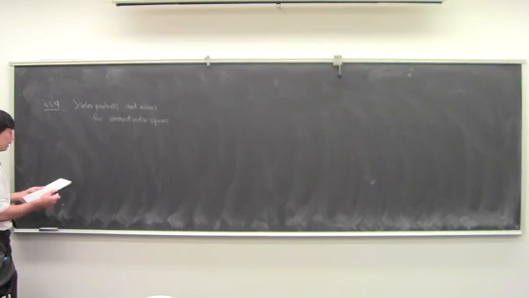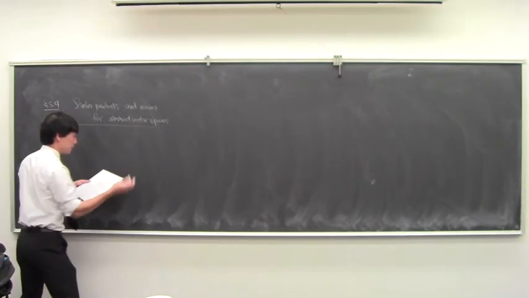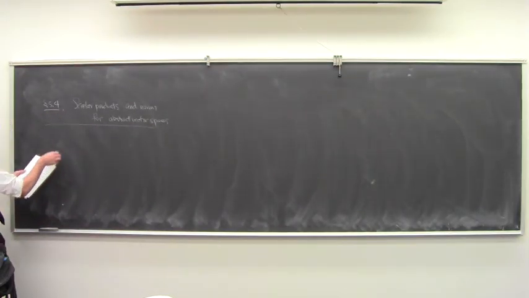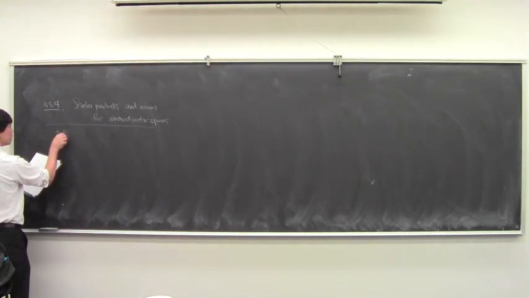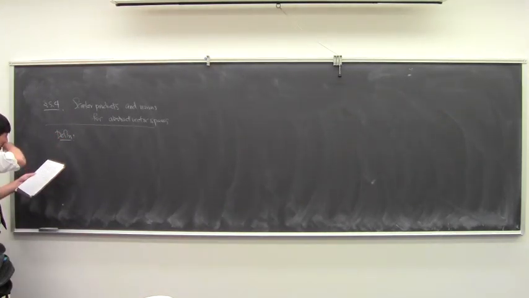Okay. So here is the definition of the abstract dot product, what's called an inner product.